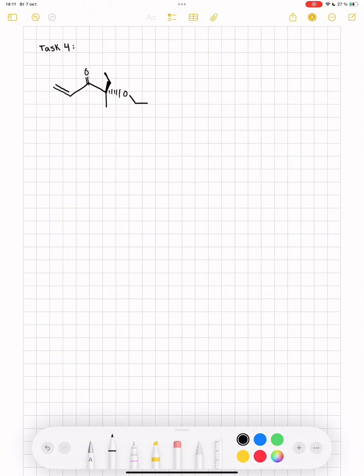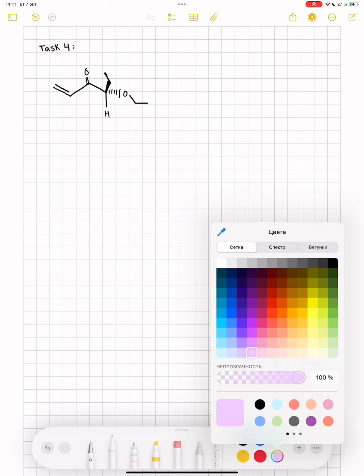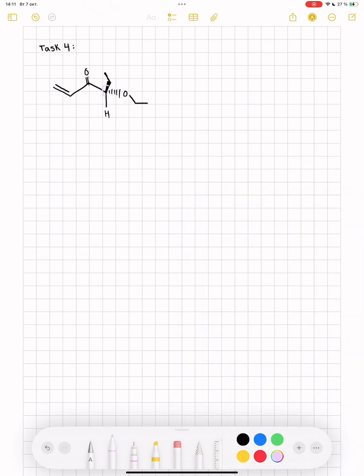Now, the first step of determining configuration is where the heck is the chiral center? So I'm going to use this purple pretty color to circle it. Now, how did I know that? How is this a chiral center? Think of it as either sp3 hybridized or tetrahedral geometry, and it has to have 4 completely different things bonded to it.